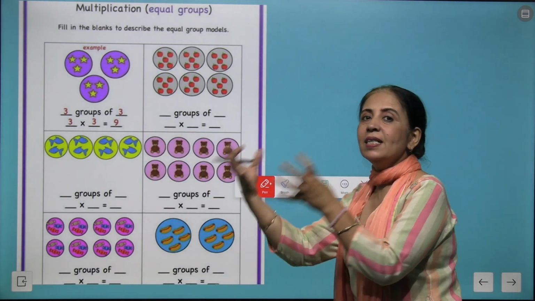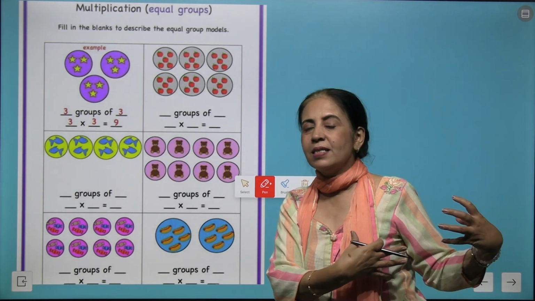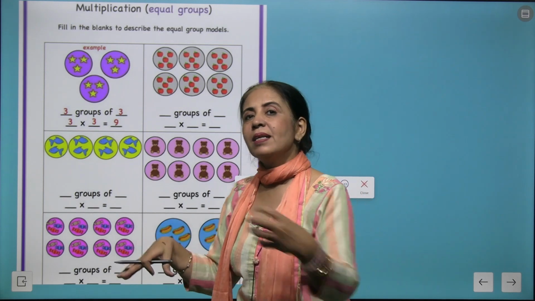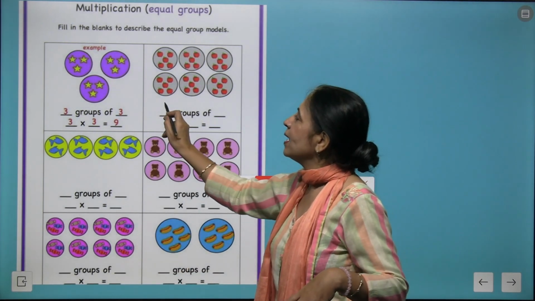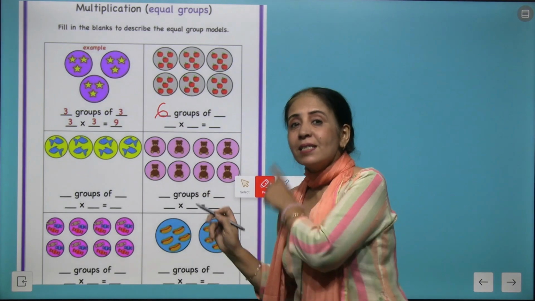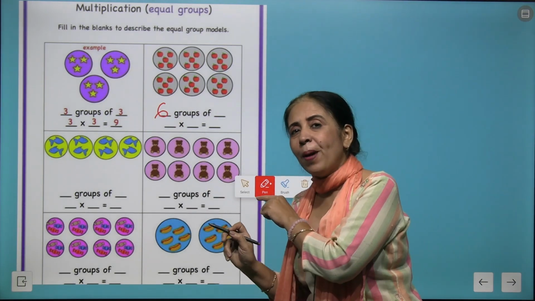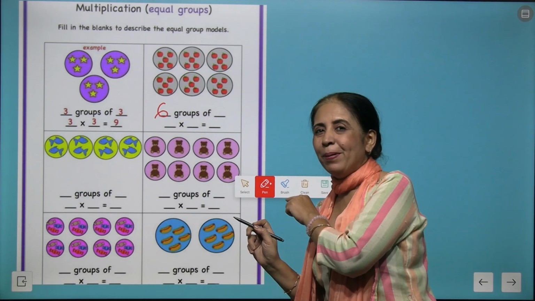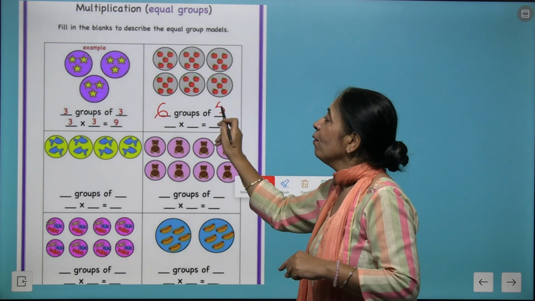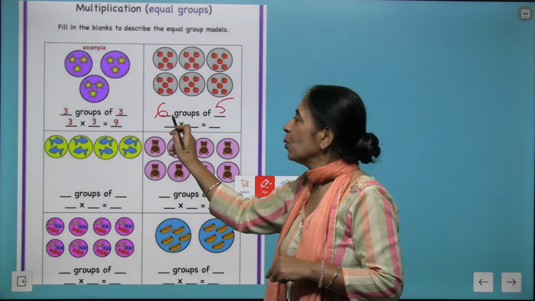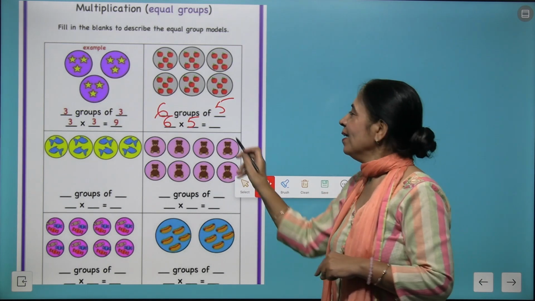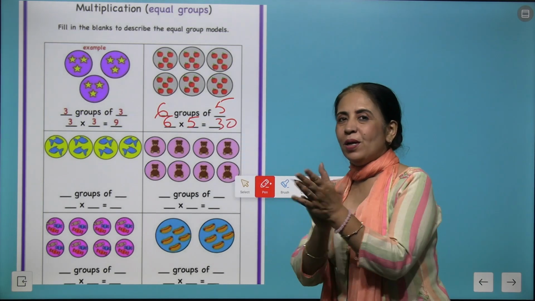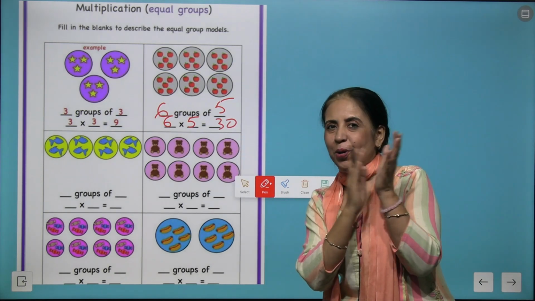We have taken 6 different baskets. Every basket has 5 apples each, okay? So we say how many groups? 6 groups, and each group has how many apples? We say 5. So what do you write? 6 times 5 makes 30. Very good. Time to clap for you.